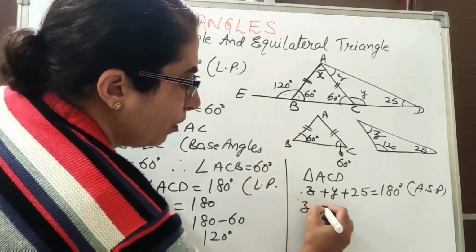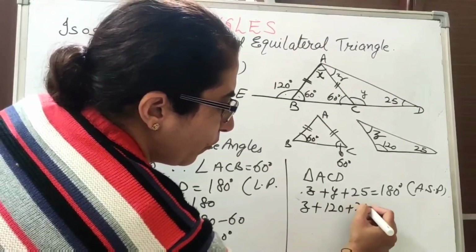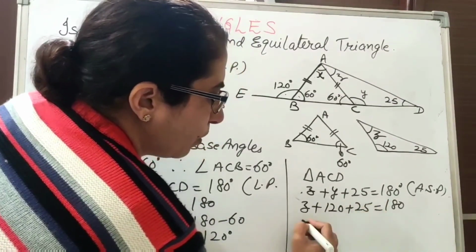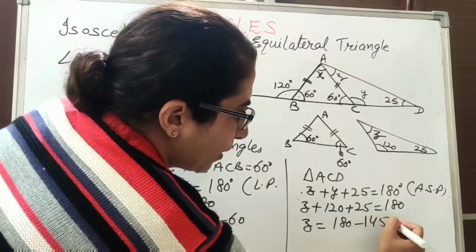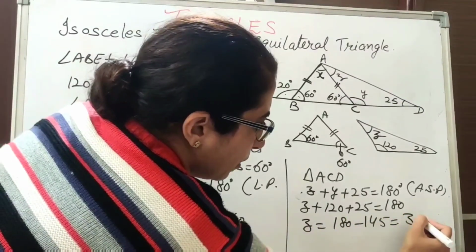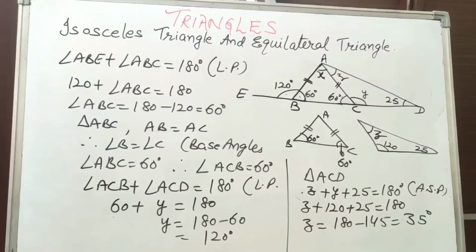Z is not given, Y we have already found, that is 120 degrees, plus 25 is equal to 180 degrees. By solving this linear equation we get the measure of Z, that is 35 degrees. So hope you understood. Thank you.